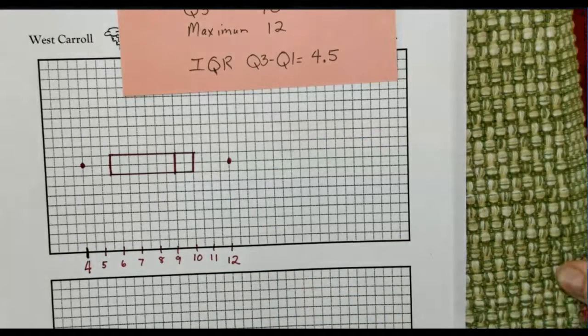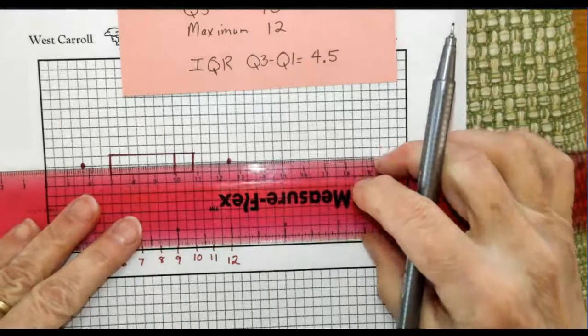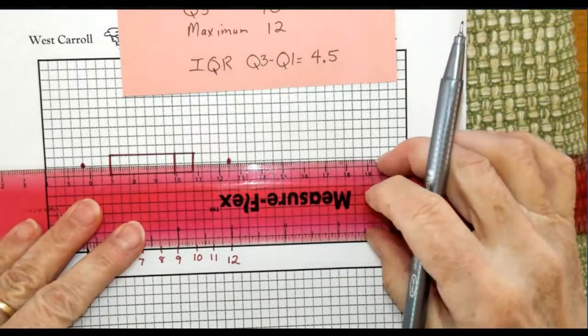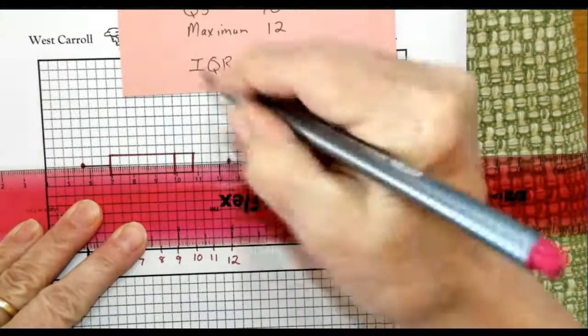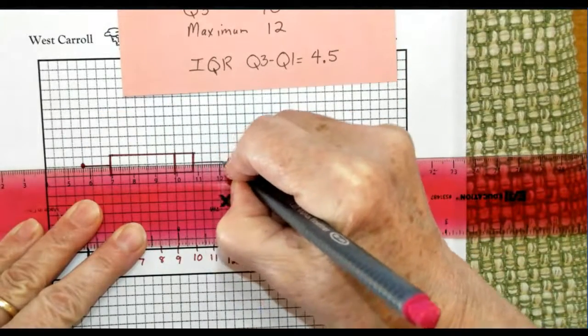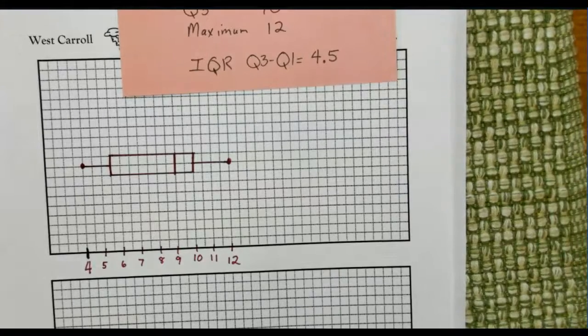Okay, then I will draw my whiskers. Those aren't going to be the same length either, necessarily. I mean, it's possible they could be. The 2 whiskers are going to go from the ends of the box out to the max and the minimum.